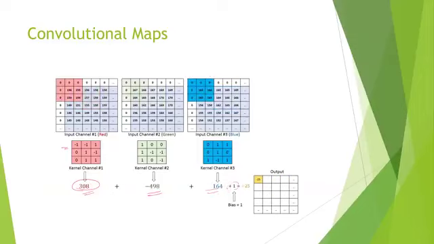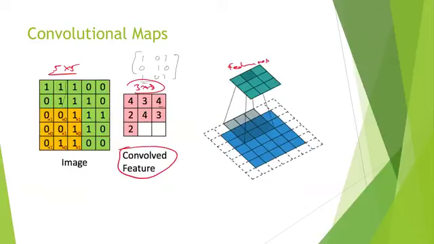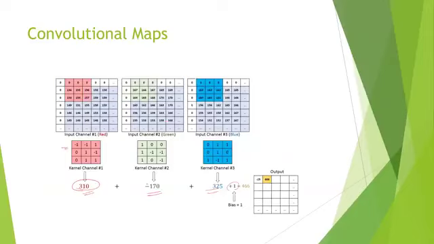And then a bias term is also added automatically, and the numbers get updated here. Where we saw only one single channel, a black and white kind of image, you get only one single output. But here, with red, green, and blue, we get three different outputs at three different channels, and then we combine all that output to generate this single output.